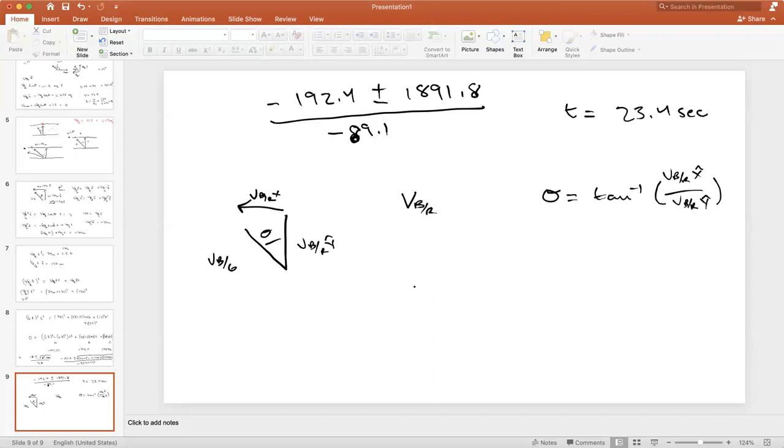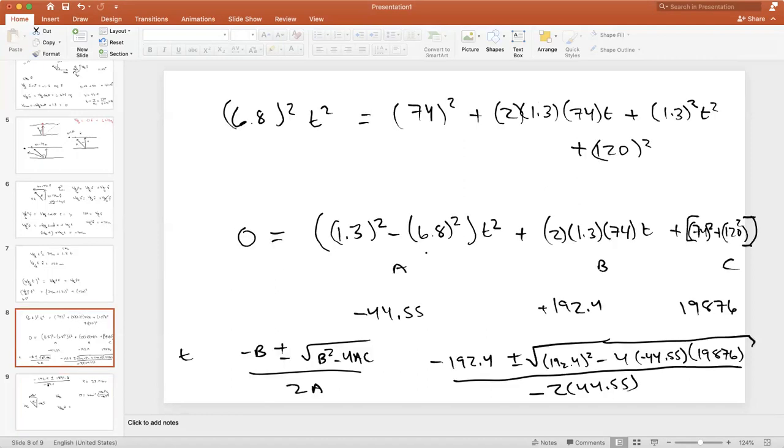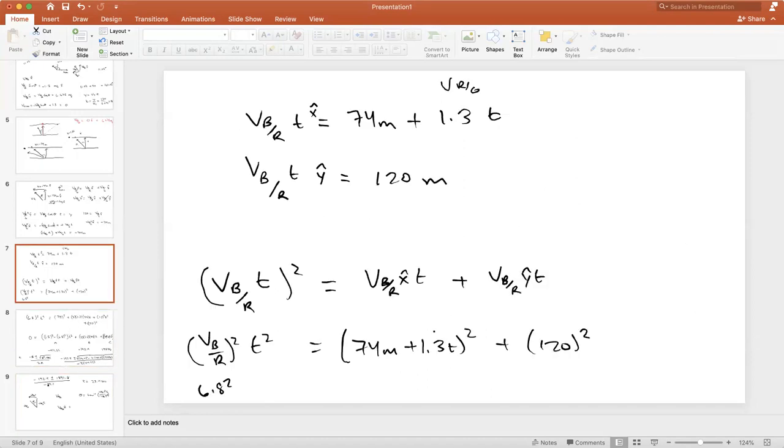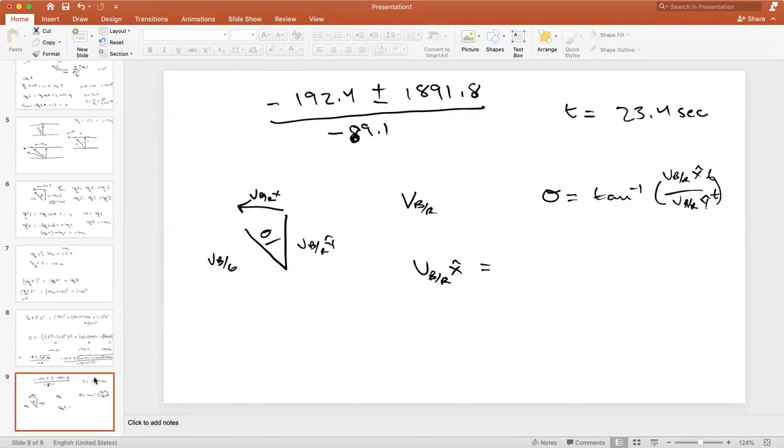Now, what are these? Remember that VB over R in the X hat was equal to... sorry, I need to multiply these by T. So what were these? If we go back and look, these are the same things that were in here and in here, right? So we want to find those.